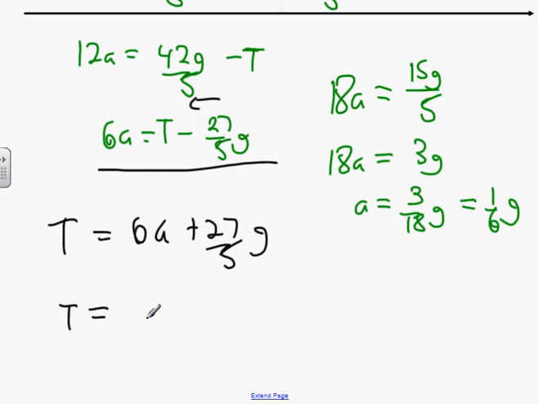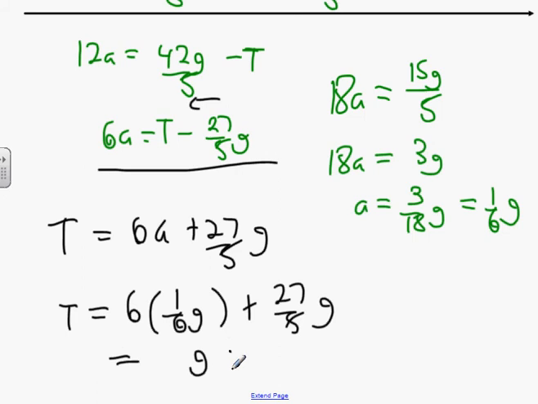T is equal to 6 times 1/6g plus 27 over 5g. It's going to equal g plus 27 over 5g, which is going to give me 32 over 5g. Tension's measured in newtons, so it's technically newtons as well. We all good with that? Yeah.